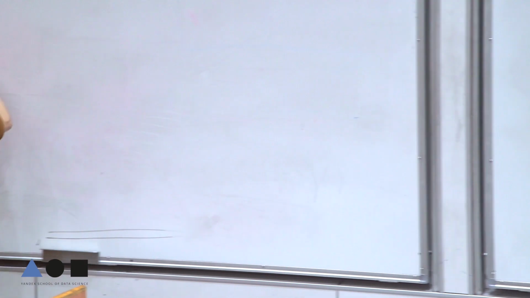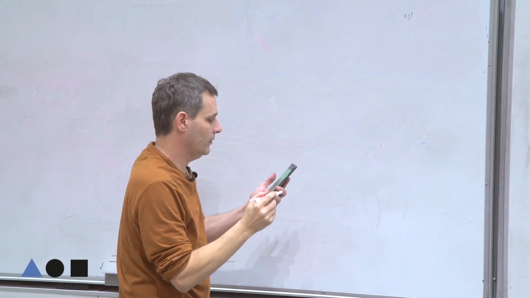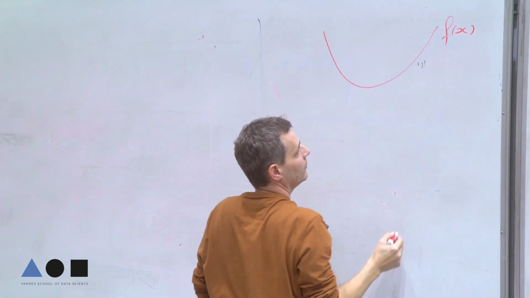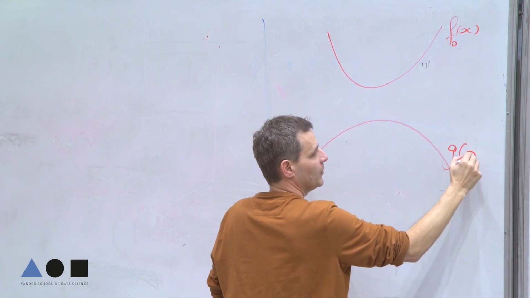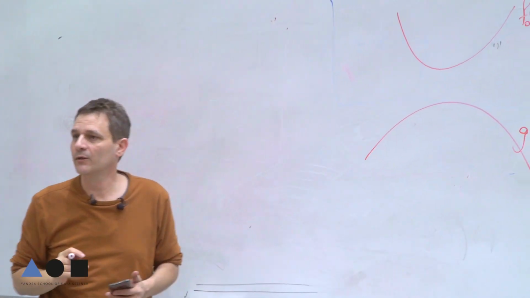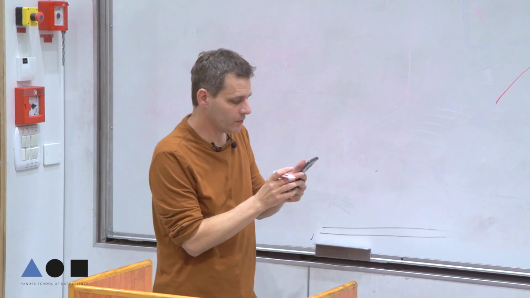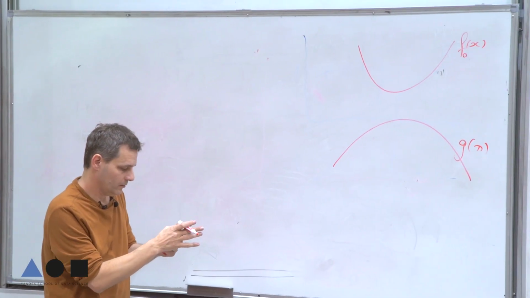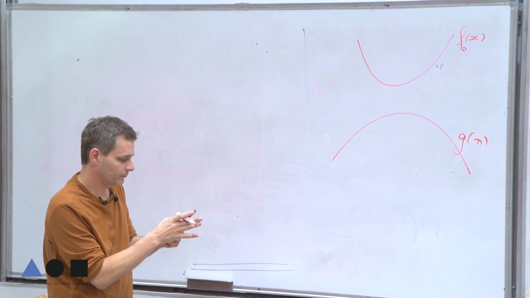So you have f0 of x and you have g of lambda. The g of lambda is a kind of lower bound on f. Let's just show that. I think I have the proof here.